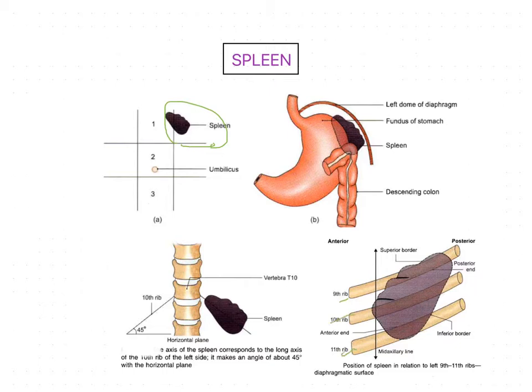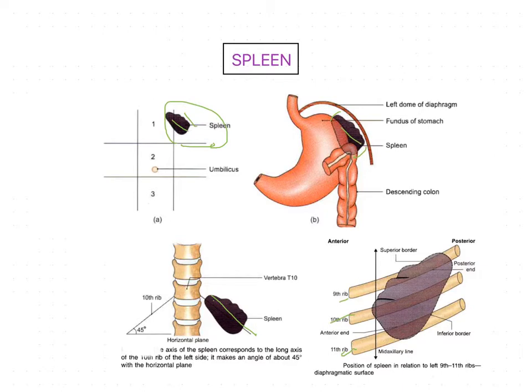If you see the long axis of the spleen, it corresponds to the long axis of the 10th rib. In shape and size, it is ovoid and flattened anteroposteriorly, with two ends, medial and lateral, two borders, upper and lower, and two surfaces, anterior and posterior.